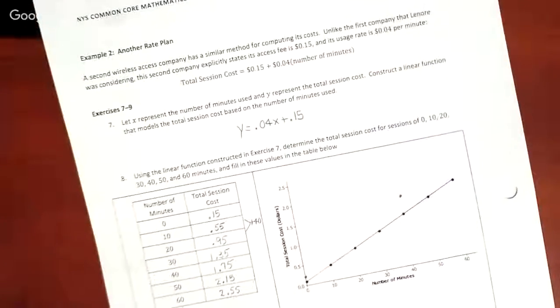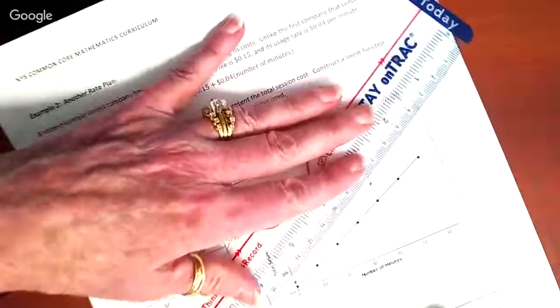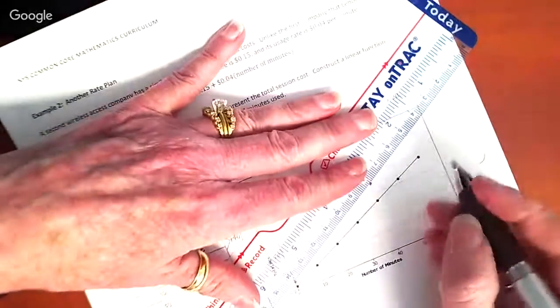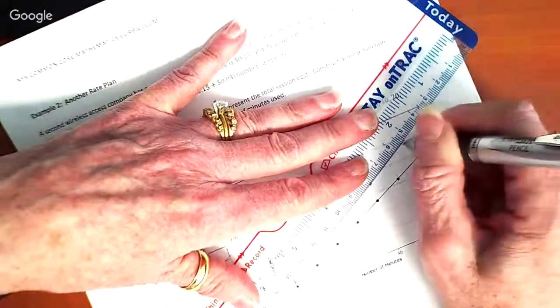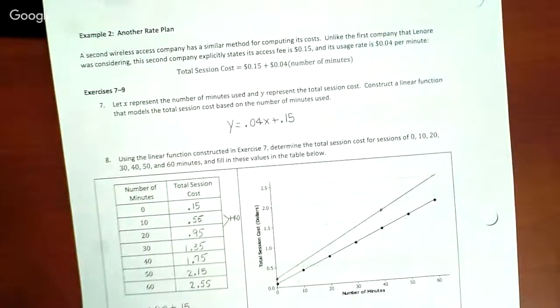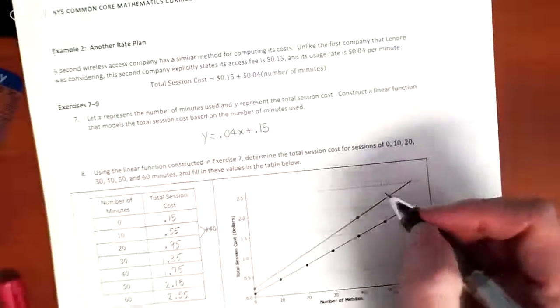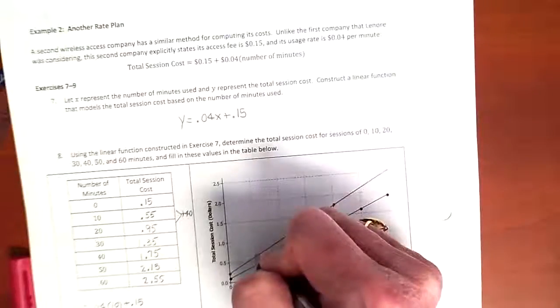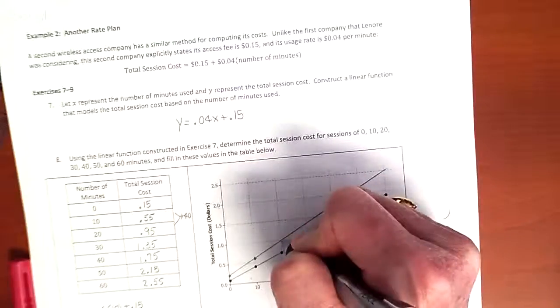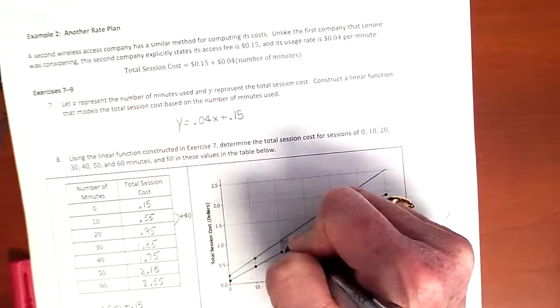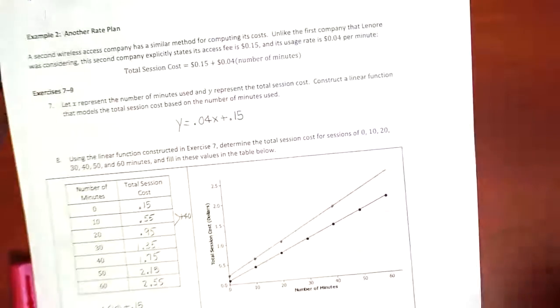And I'm going to draw these two lines because we're going to need to draw it anyway. So we have 10 and 55, which would be here, and 20 and 95. We're a little bit off, guys. Oh, we got to redraw that. We're off.